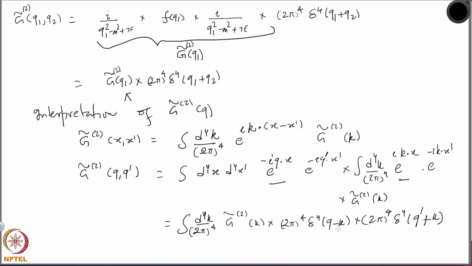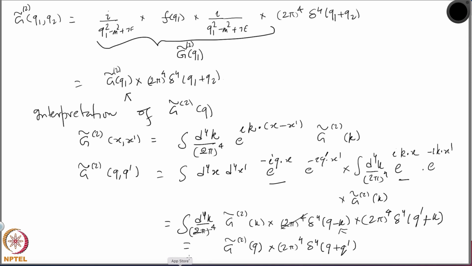Okay. Now let's do the integral over k and utilize this delta function. 2 pi to the 4 cancels here and there, and you get g tilde 2 of k. Okay, sorry, not k, because k should be forced to become q. So g tilde 2 of q, and this should give 2 pi to the 4 delta 4 of q plus q prime.